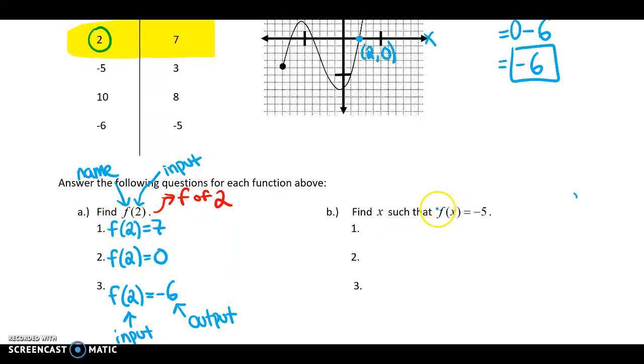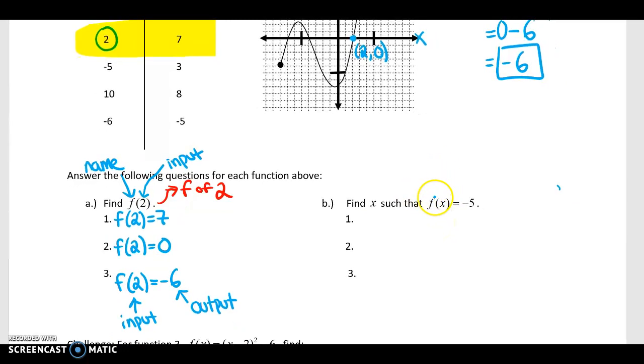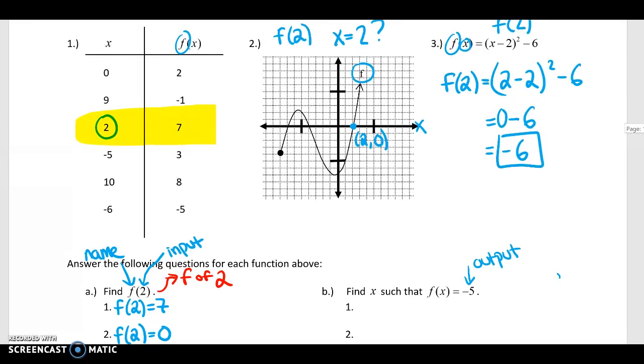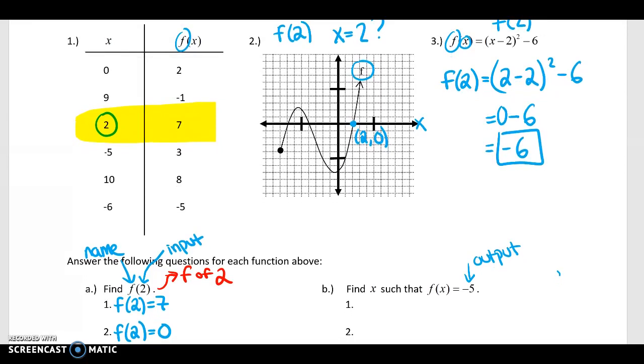Okay. On the other hand, you can also use the function notation to find outputs. So what this really asks is, what is x when, again, this is the output. What is x when the output is negative 5? Okay, so we're going to do the same thing for the table, graph, and equation, but we kind of have to work backwards. And I actually think that the table is the easiest for this one, so we'll just go in order this time.